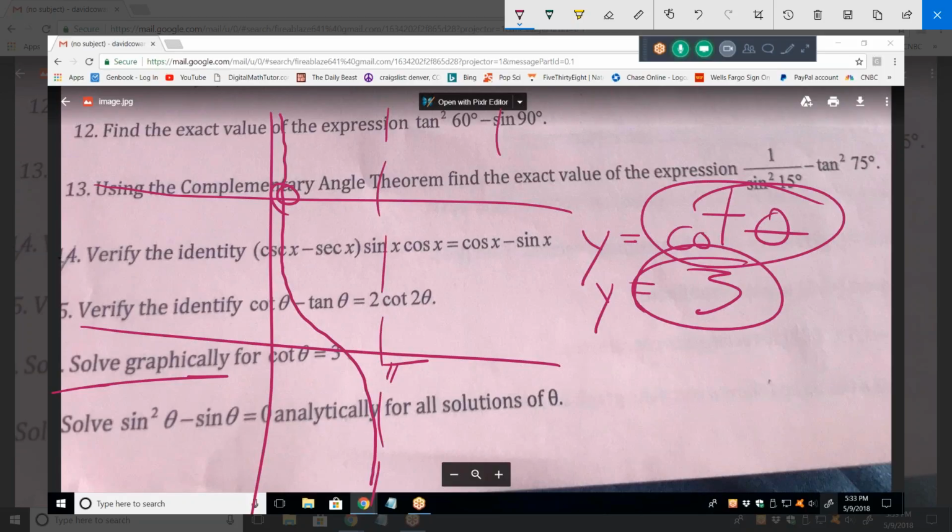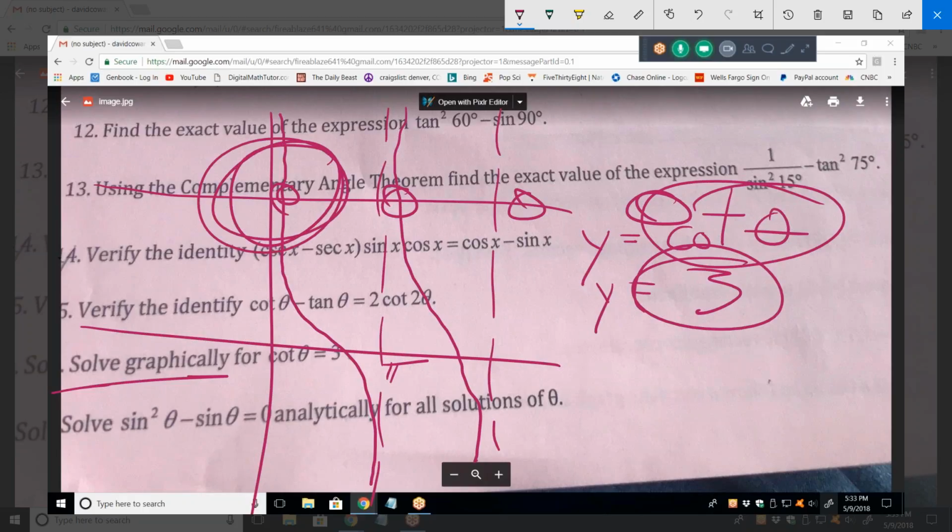Now, cotangent of theta is periodic, like all trig functions, so it has another cycle there. So actually, I have another answer there, and another answer there, and another answer there. So there are a lot of answers. If they tell you the answer has to be between 0 and pi, then this one is the answer.